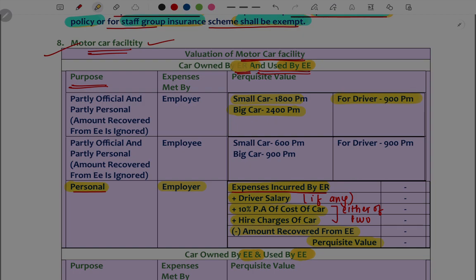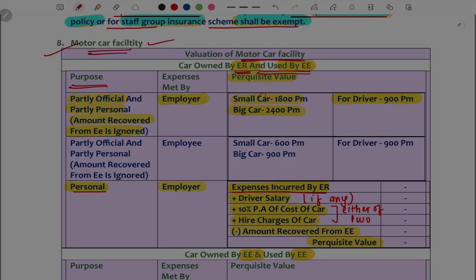What if the employer is owning the car and the employee is using it, expenses are made by the employer, partly official, partly personal? The amount recovered from the employee is ignored here. So the perquisite value will be what?